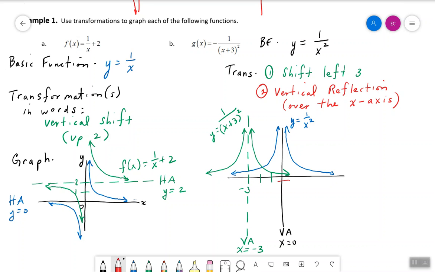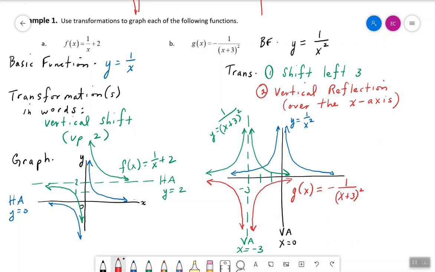So now it points down near x equals negative 3. And so the new graph in red is our function g of x equals negative 1 over (x plus 3) squared.